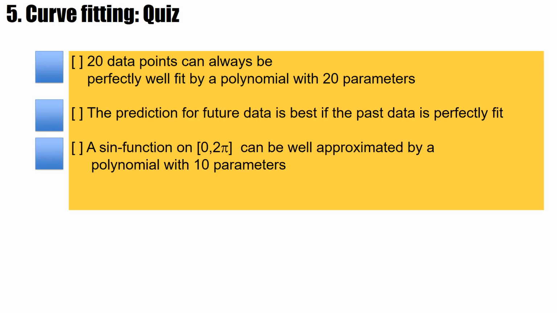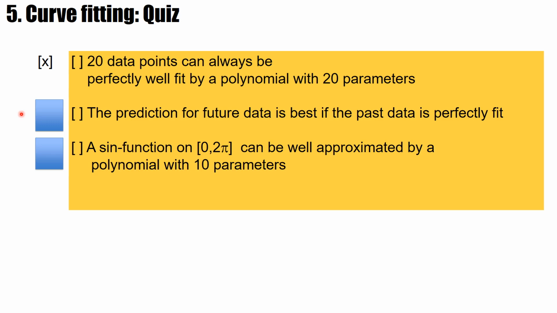Let's summarize what we have seen so far by our first quiz. The claim is: 20 data points can always be perfectly well fit by a polynomial with 20 parameters. If you agree, raise your hand. And yes, this is correct. The prediction for future data is best if the past data is perfectly fit.